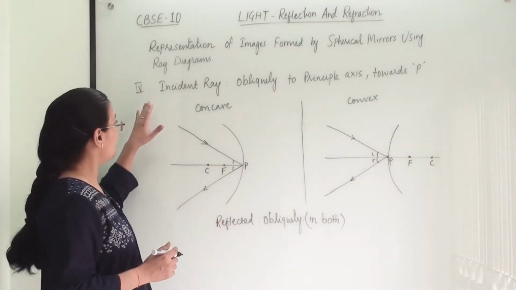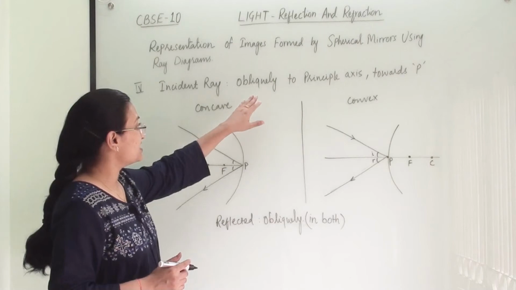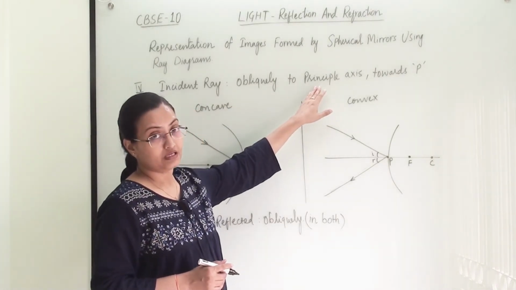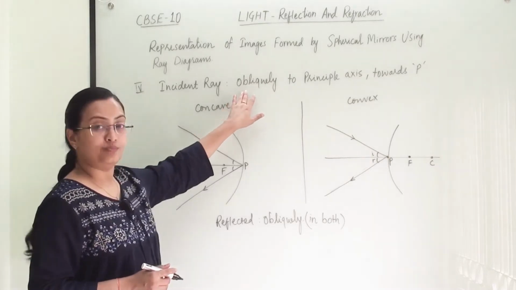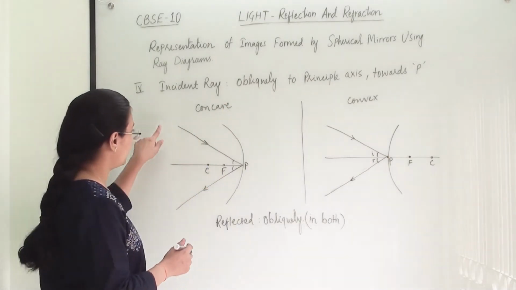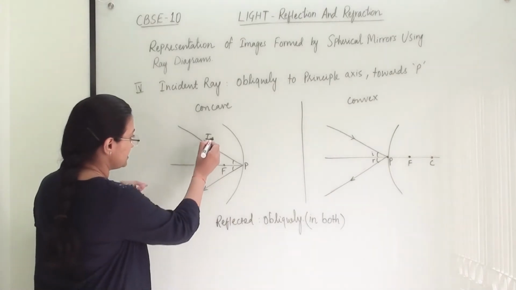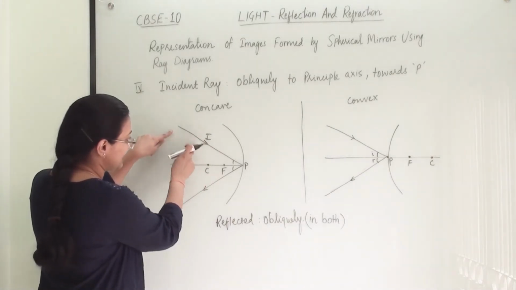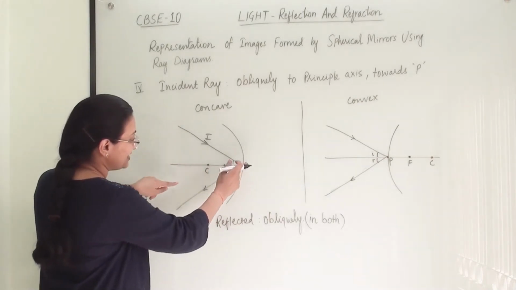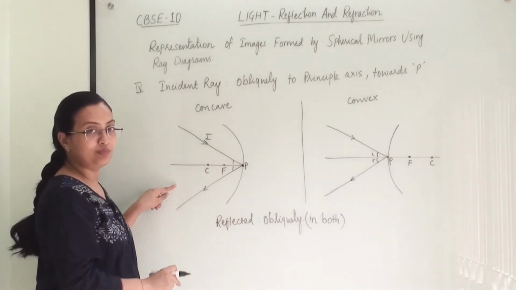Fourth case, in which the incident ray is oblique to the principal axis and it is towards the P. So what is the meaning of oblique to the principal axis? That is, slanting towards the principal axis. When the incident ray comes slanting towards the pole P, then it will go also obliquely.